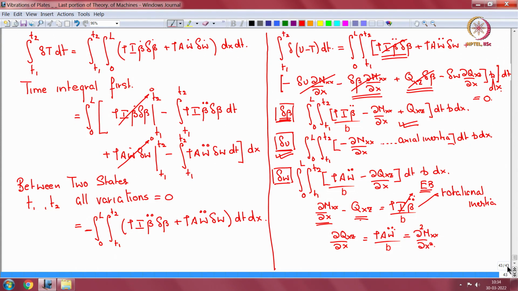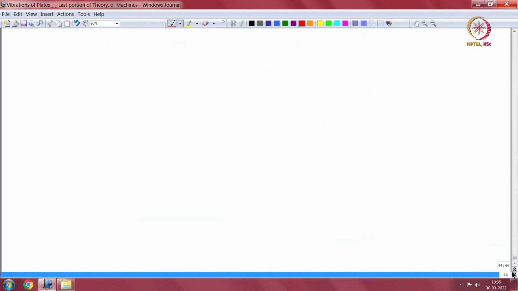So far we have not brought in the fact that shear strain is 0. Now what do we have? My u is equal to z beta.